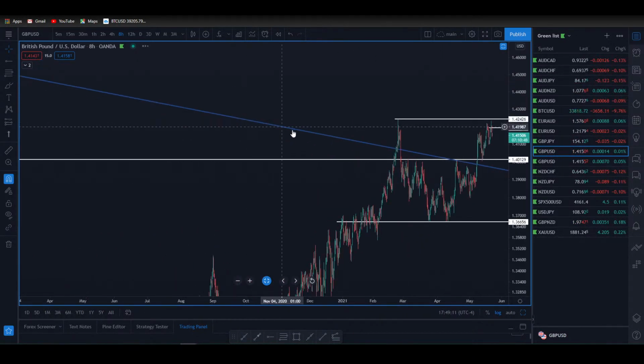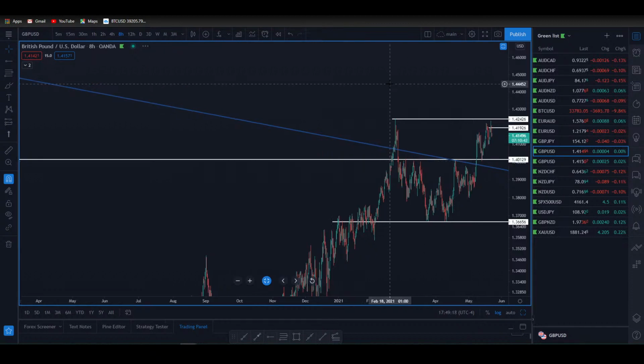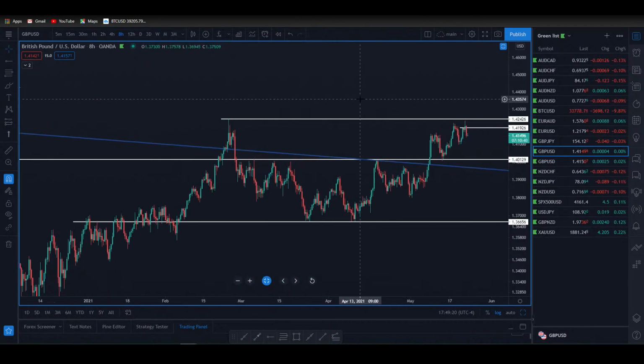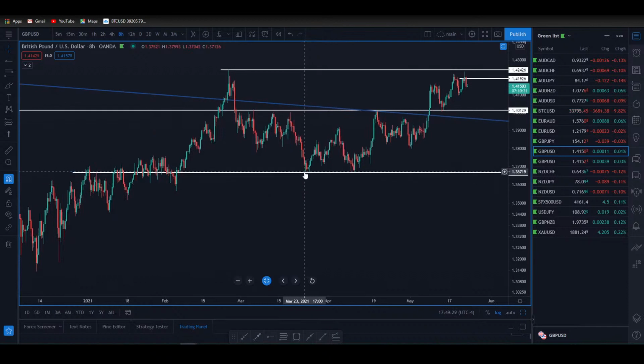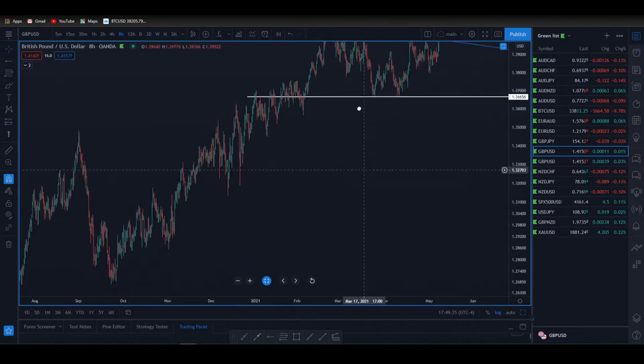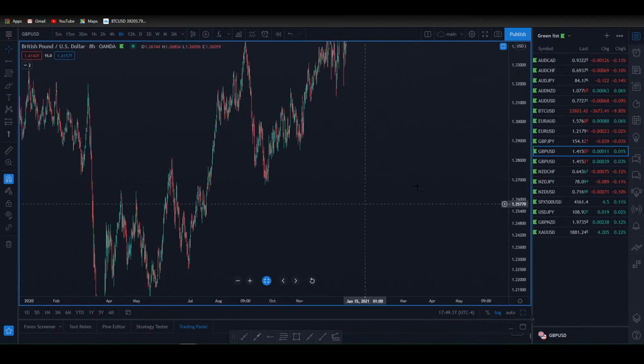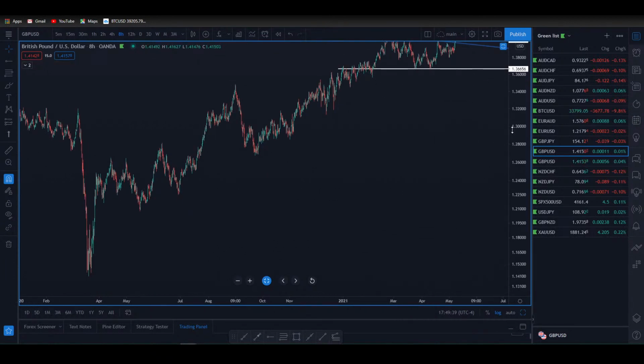This trend line wasn't supposed to do anything but show you that the pound has been bearish. If you want to throw a trend line, you said from March low. Are you talking about this year's March low or the pandemic March low? I don't see how you got a trend line from here because there's a low right there. I have to assume you're talking about this low down here, the pandemic.